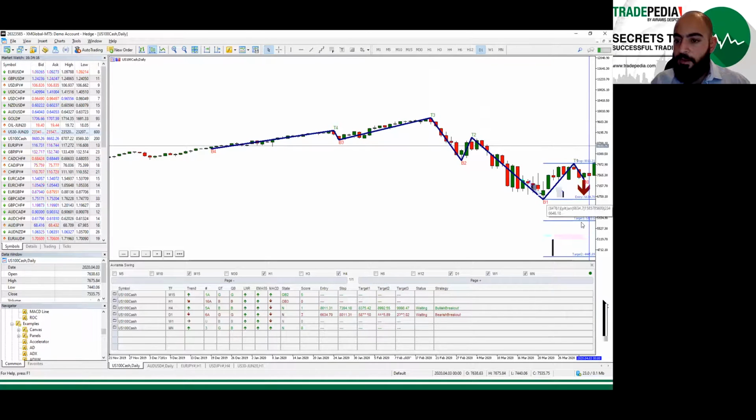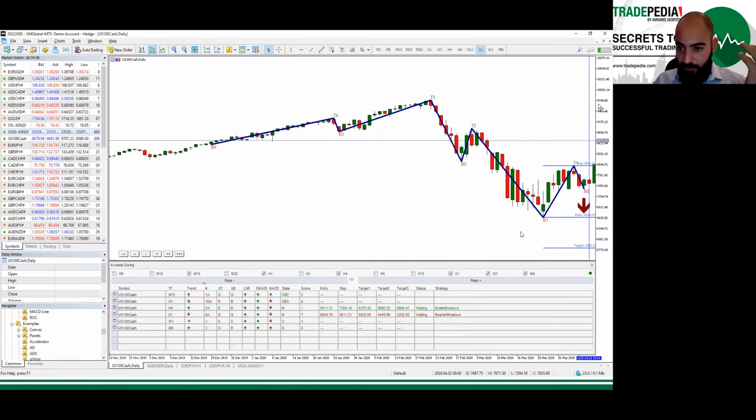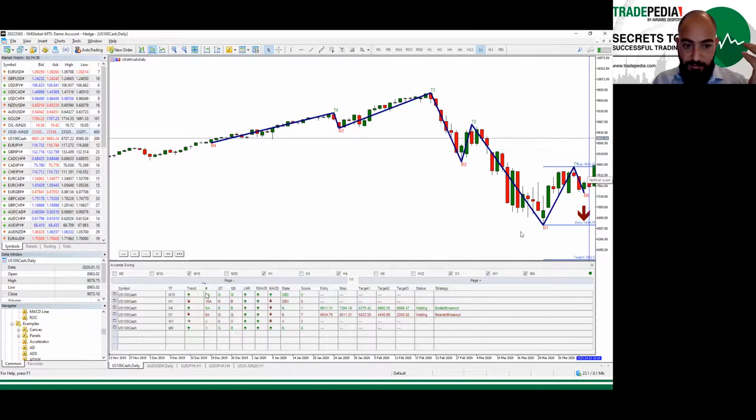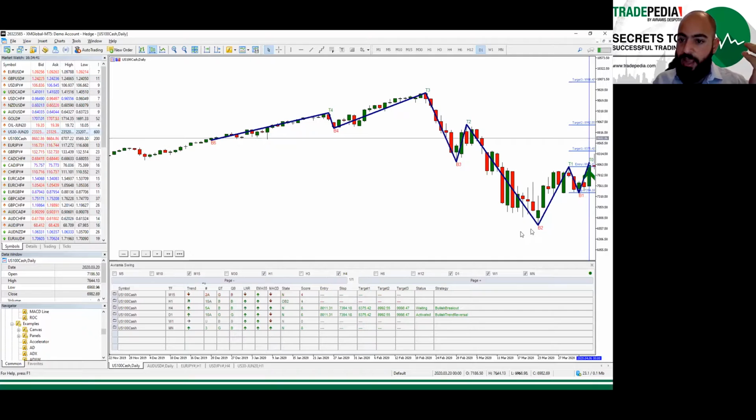Entry, target 1, target 2, and the stop loss are automatically highlighted, and you can see them here: the entry, the stop, the targets for a bearish breakout entry. You can place your orders. However, after a while, what happened? After 1-2 days, the market failed to break B2, failed to activate my bearish entry strategy, and then highlighted a reversal.